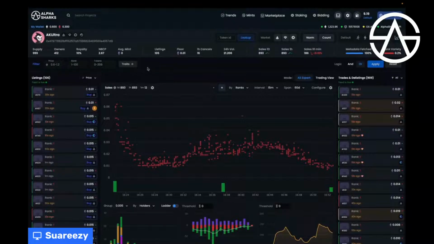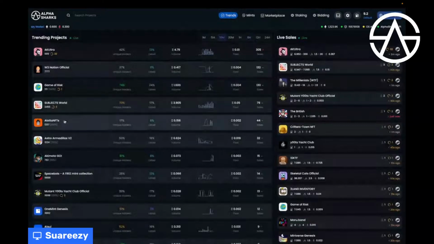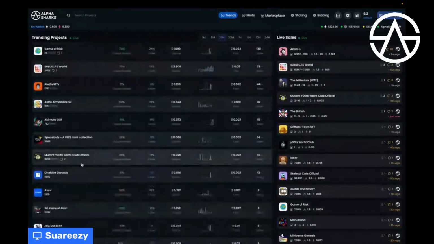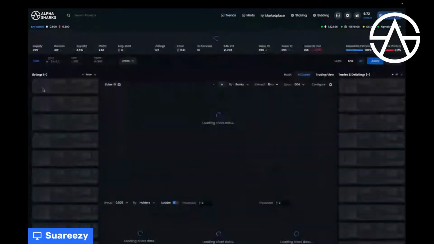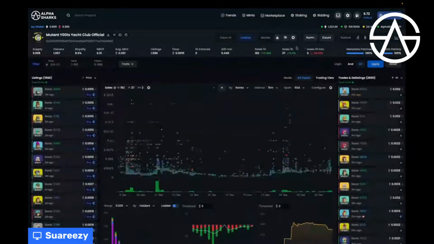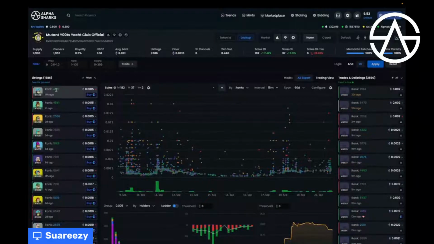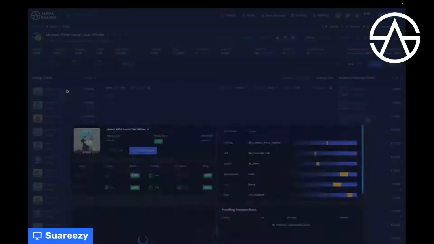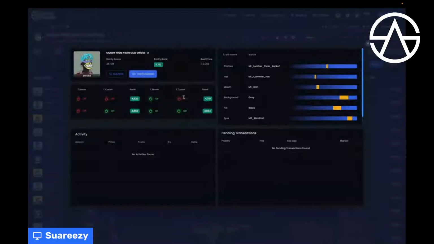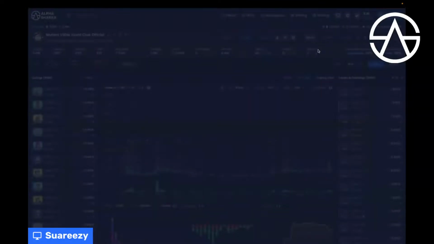If you change that on something that's already revealed, let's see if we can find something. Is this already revealed? Okay. If we look at something like this, notice if I change the count, it's actually going to change the actual rank for that project, because it's not taking that algorithm into consideration at that point.